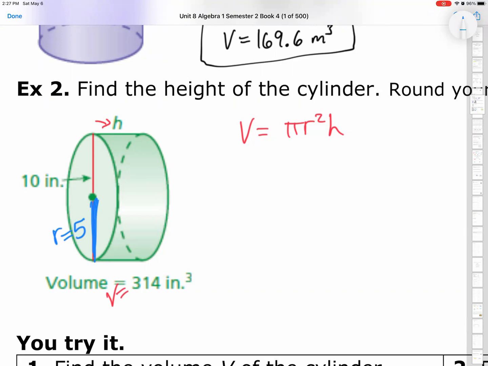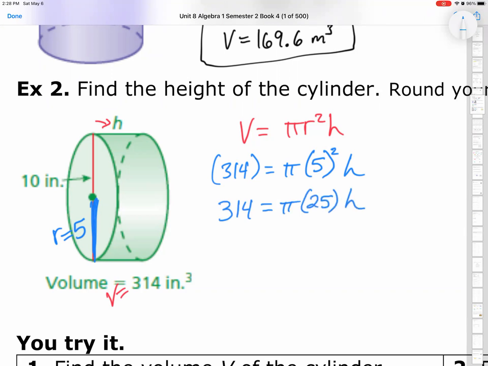So we know our volume again is 314. Our radius is 5 squared. And we have no idea what our current height is, though. That's what we're actually trying to find. So now we end up with 314 equals pi times 5 squared, which is just 25, times the height.